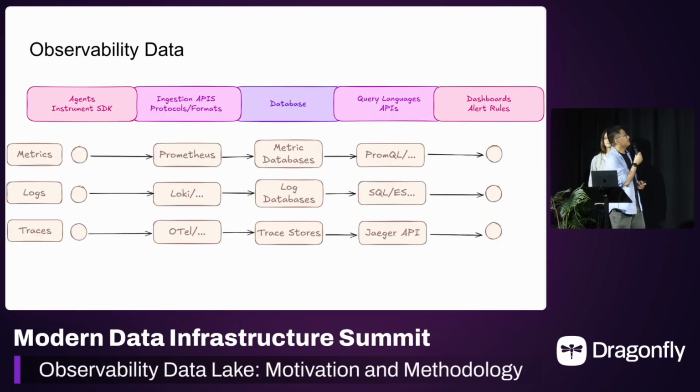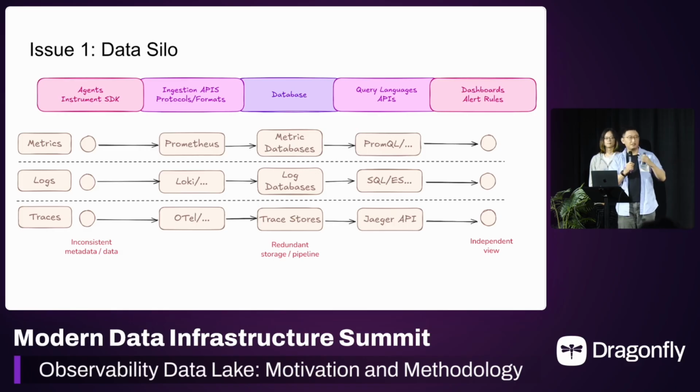In observability, due to historical reasons, there are 3 types of data: the metrics, the logs, and the traces. Each type has its own data pipeline going through this V model. They have their own protocols, their own databases and their own applications.